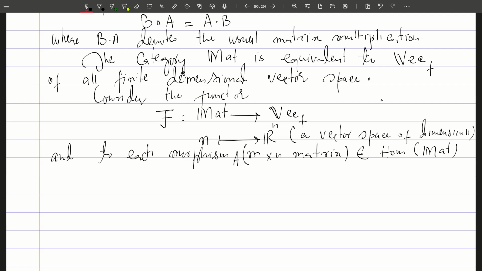So there corresponds a linear map from Rm to Rn.